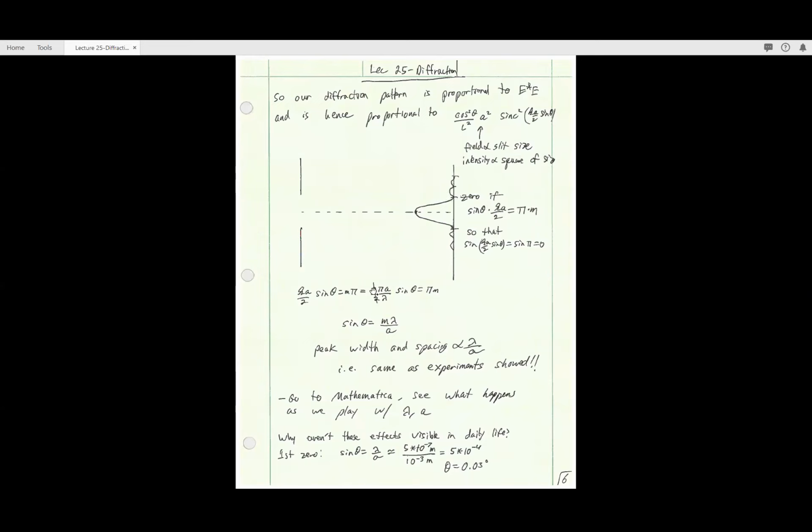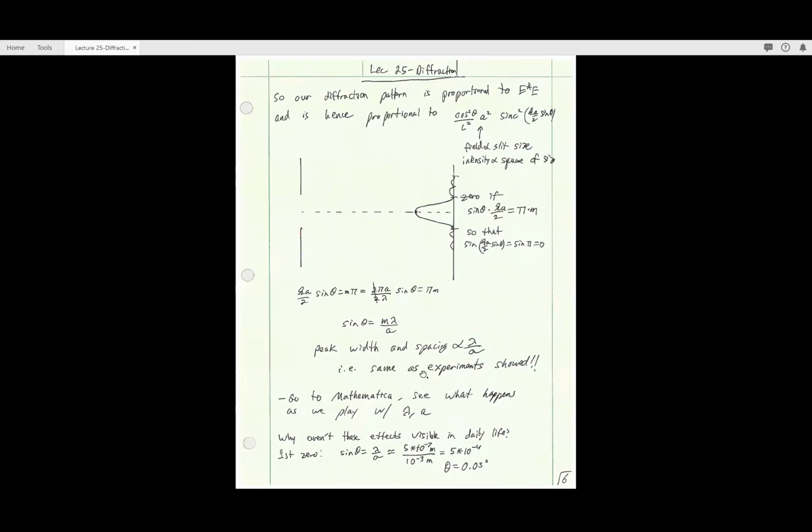All right, well, Ka over 2 is going to be 2 pi times a over 2 lambda. So we're going to get the 2's cancel, pi a over lambda, sine theta equals pi times an integer. In the end, sine theta is an integer times the wavelength over the slit width.